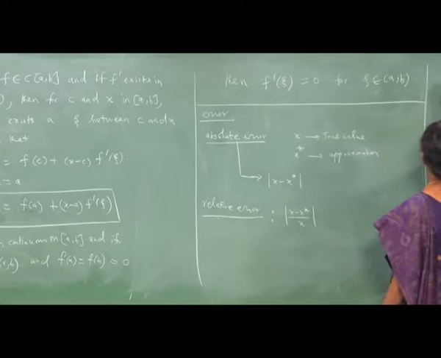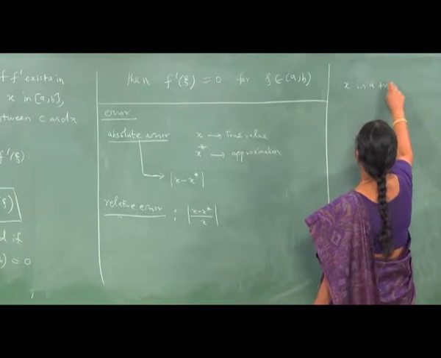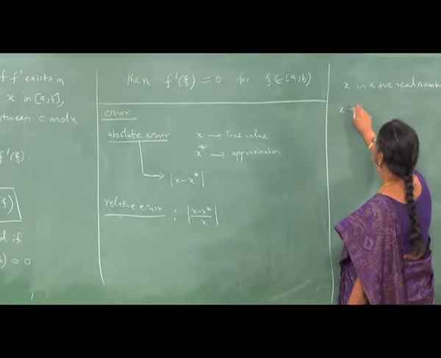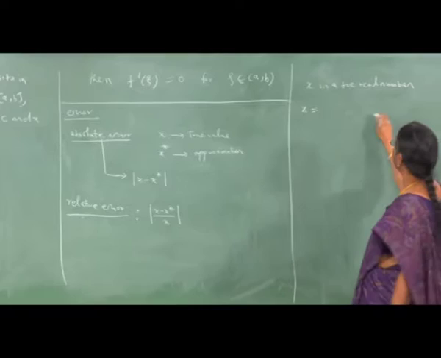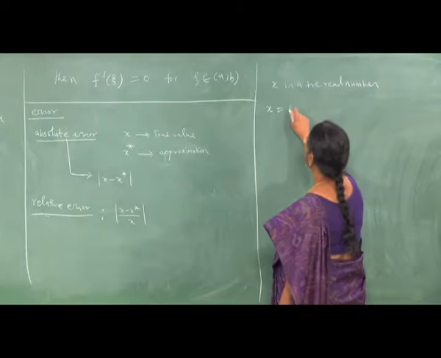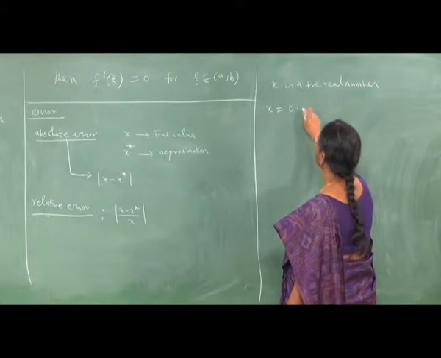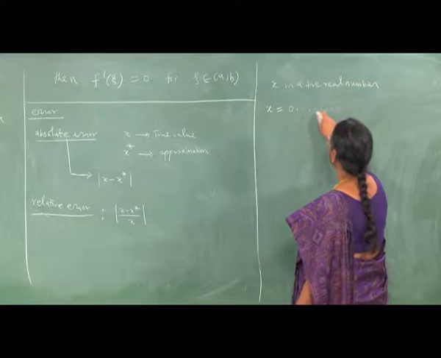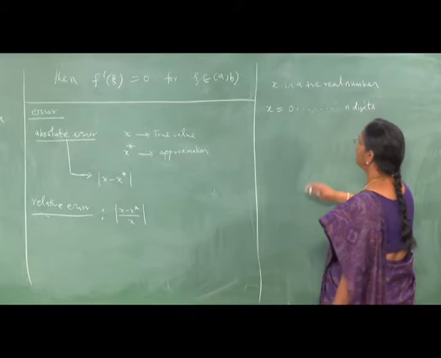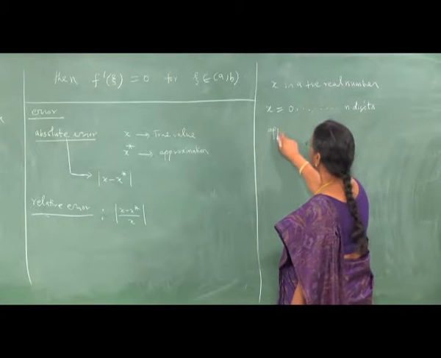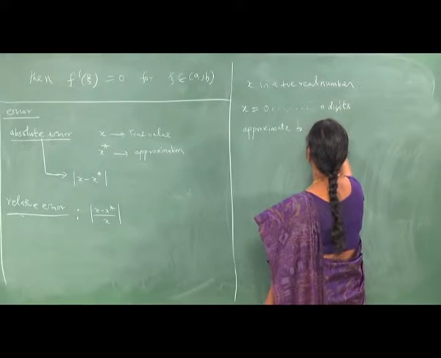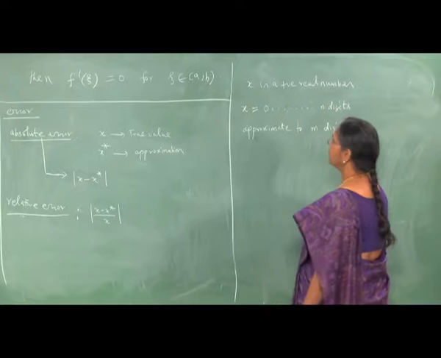Suppose, say, x is a positive real number and I represent x by an n digit decimal representation. By that I mean that x is 0 point, with n digits after the decimal. So, this is a number which I want to approximate to an m digit decimal number.